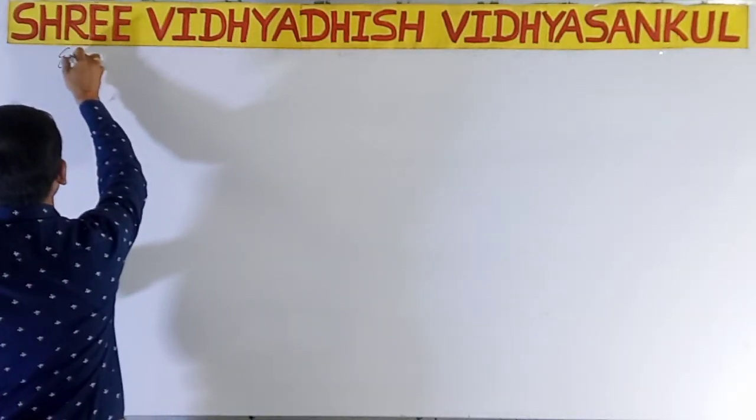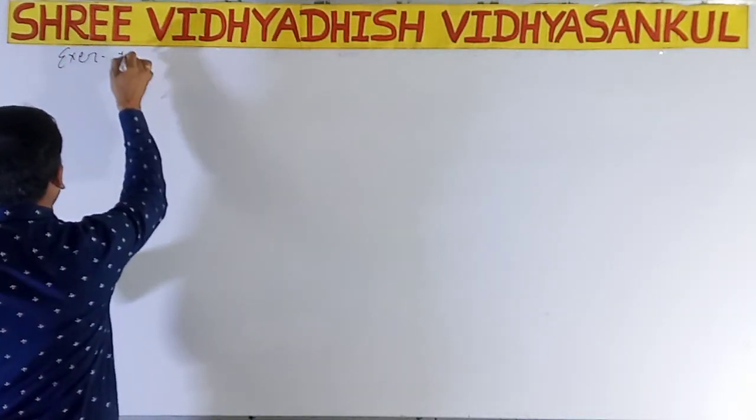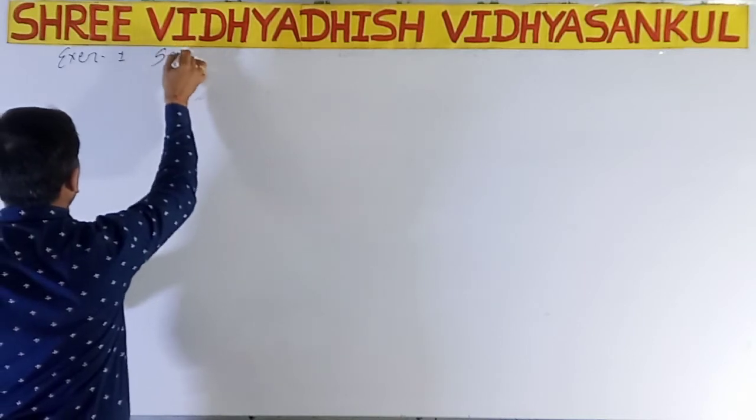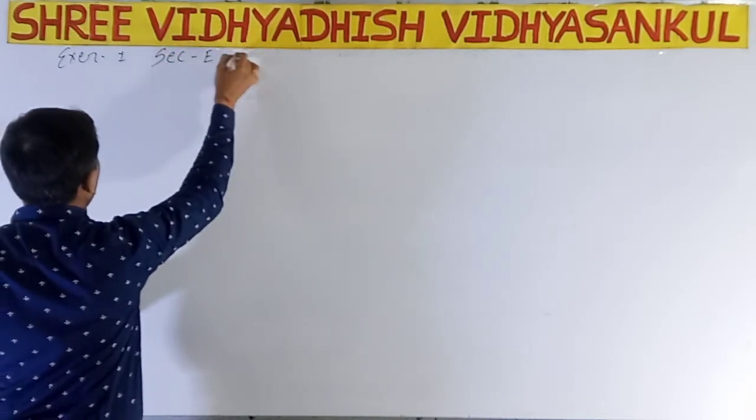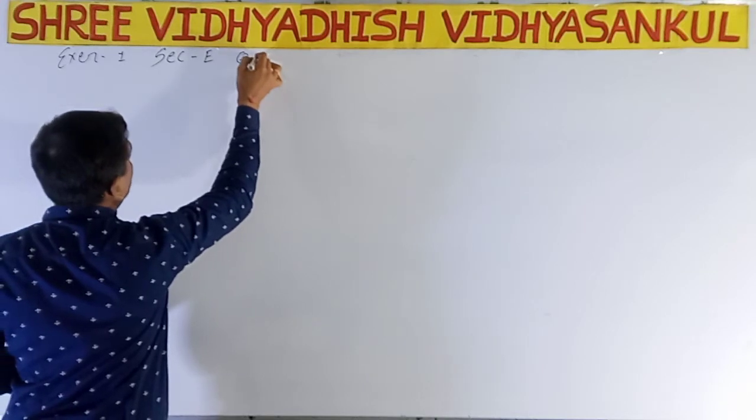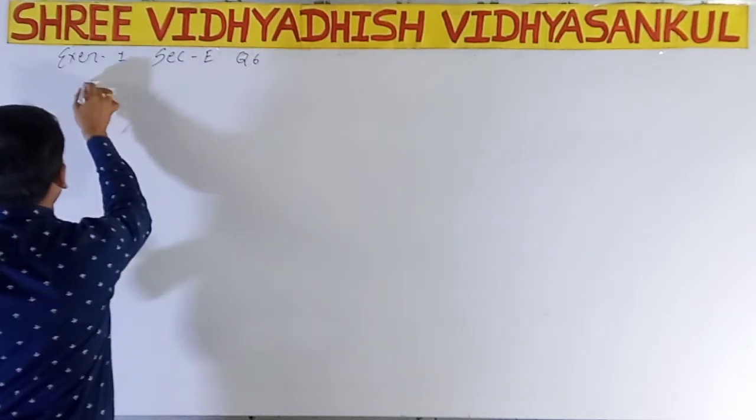Your doubt, that is Exercise 1, Section E, Question number 6. Items are given.